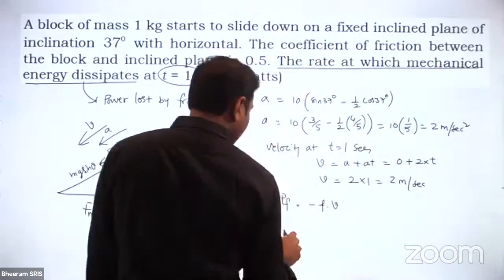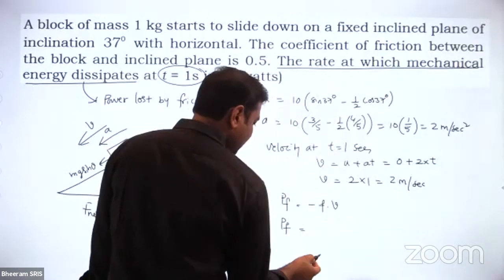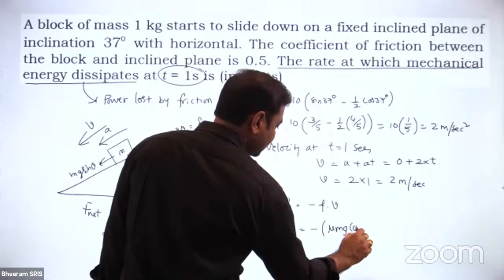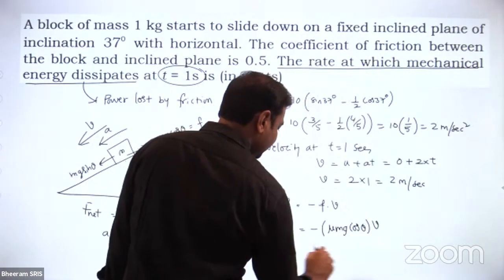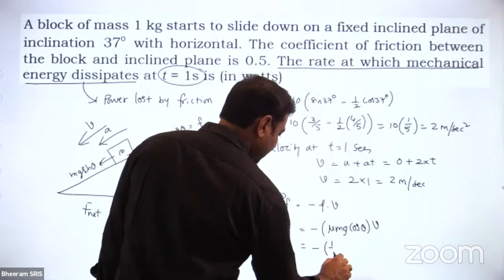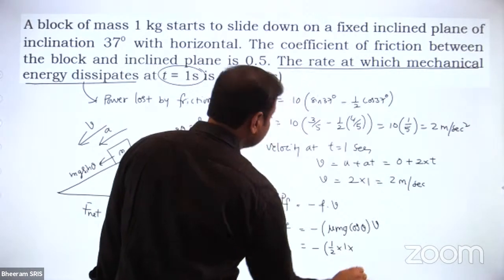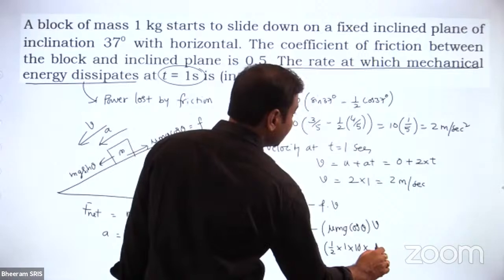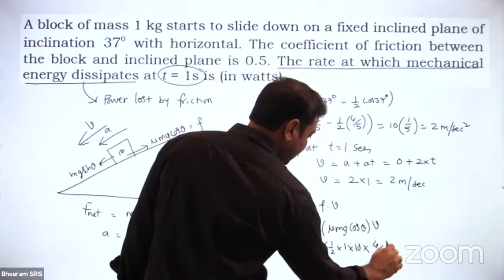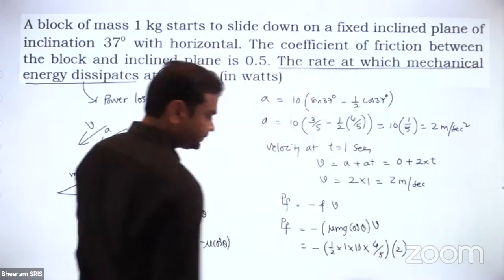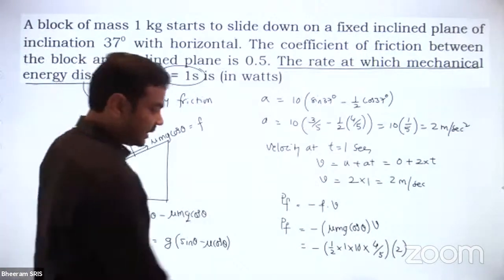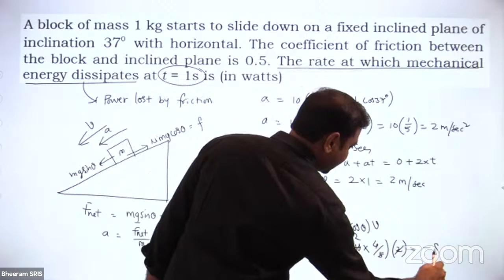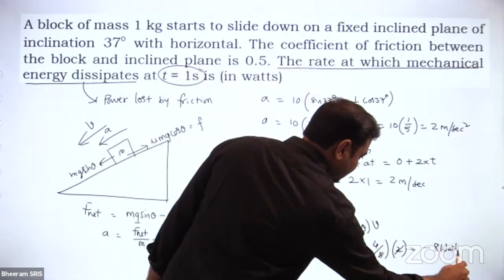So then what is the power by friction? Power by friction is equal to minus of mu mg cos theta, the frictional force, into velocity. Minus of mu, 1 by 2, mass 1 kg, g 10, cos 37, which is 4 by 5, into velocity 2. The 2 and 2 cancel out. 5 2s are 2, 4s are 8, so minus 8 watt.